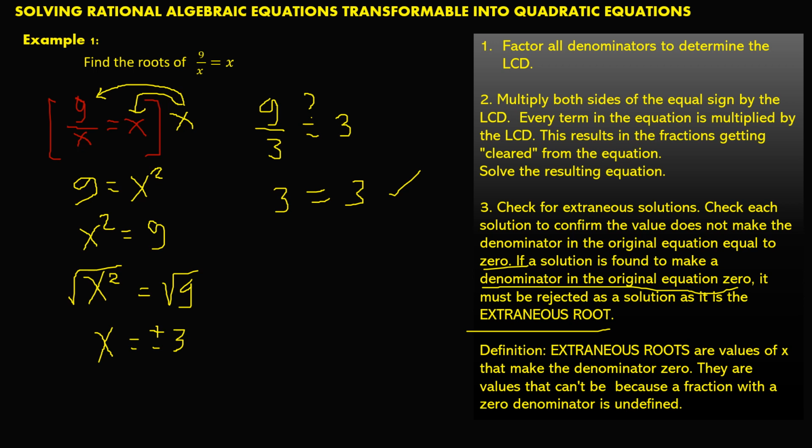The other root, which is negative 3, again we substitute it to the original equation. 9 over negative 3, is it really equal to negative 3? We have to put a question mark again because we have not proven it yet. So 9 divided by negative 3 is negative 3, equals negative 3. So it's a check. There is no extraneous root here.